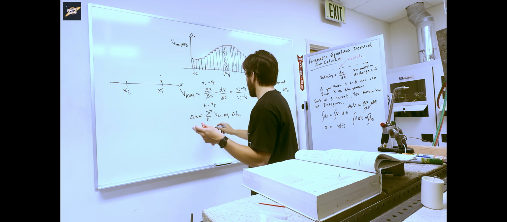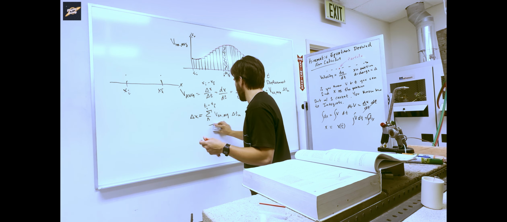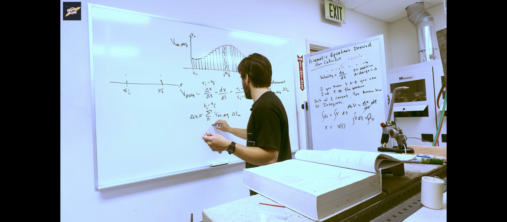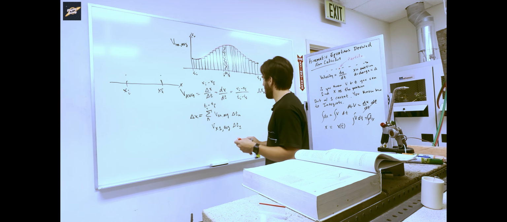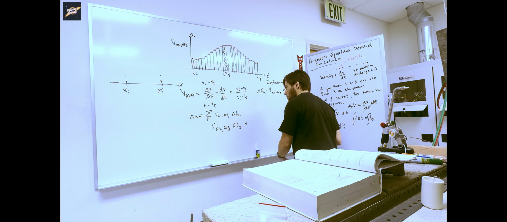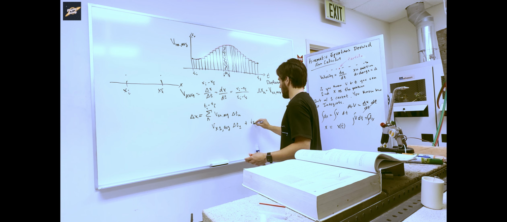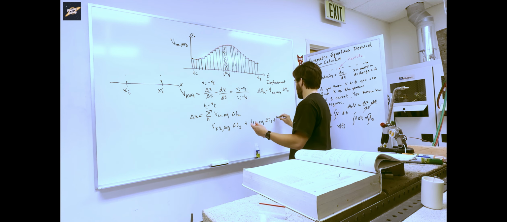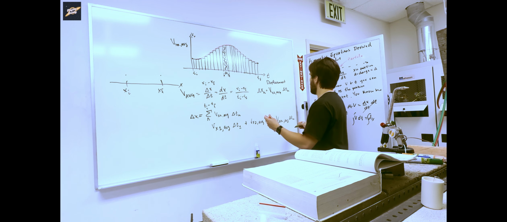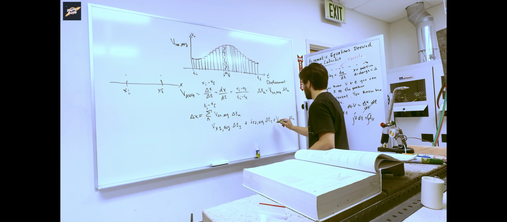So you could say the first one is going to be Vx1 average delta t 1, plus Vx2 average delta t 2, plus Vx n average delta t n.